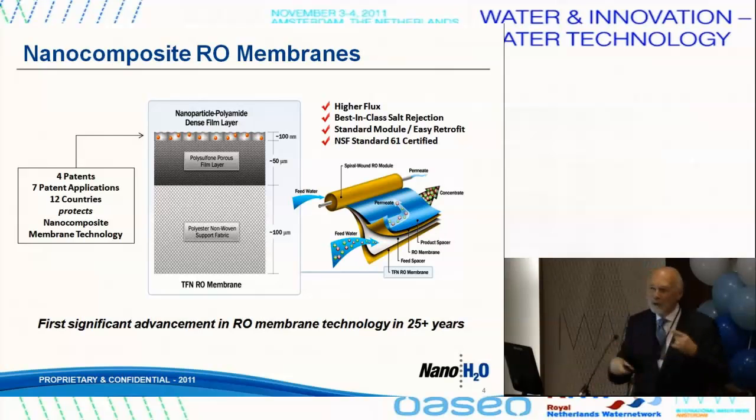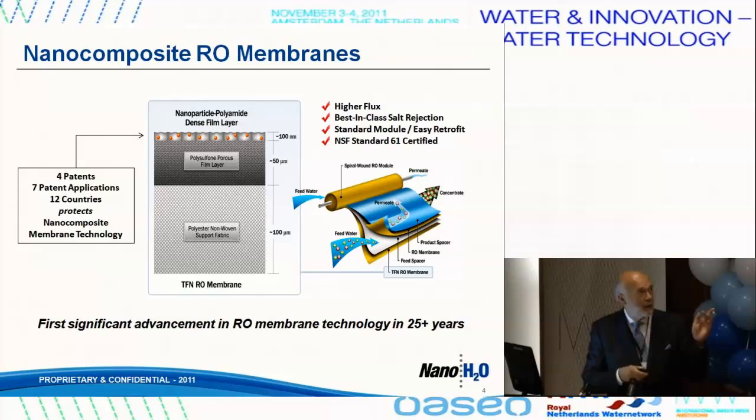Now, once you have this big roll of support, you have another machine that puts on a polymer layer. It's a polyamide, and there are 2 monomers, an organic monomer and an aqueous monomer, and when those 2 monomers contact each other, it's called interfacial polymerization. The polymer is formed. It's about 100 to 200 nanometers thick.